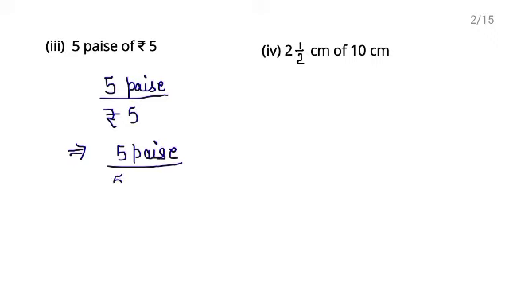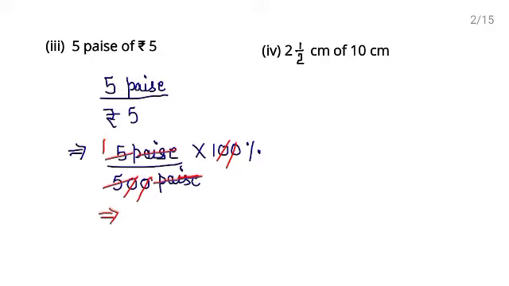So 5 rupees will be 5 multiplied by 100, 500 paise. Clear? Now convert into percent after multiplying by 100. Paise and paise cancel out, 0 and 0 cancel out, 0 and 0 cancel out, 5 1s are 5. So we are getting 1%. This is your answer.